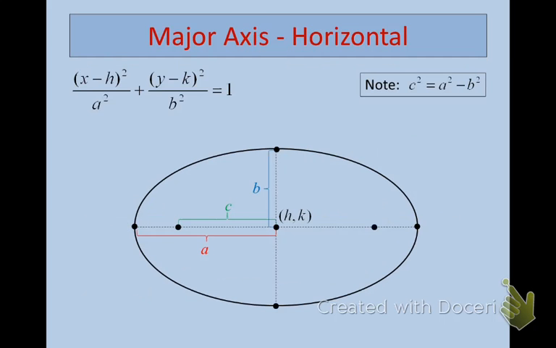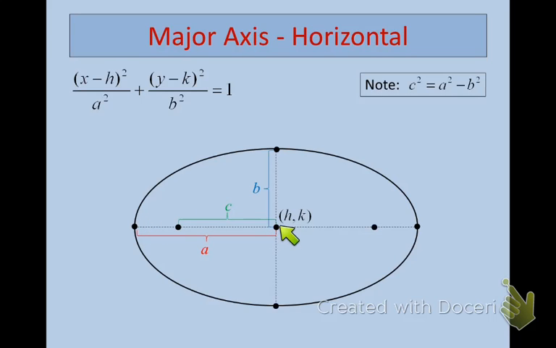Okay. So we have two different situations to consider. Like I said, you can either have a horizontal major axis or you can have a vertical major axis, right? So here's when you have a horizontal major axis. Some things to note. The distance of half of the major axis is always going to be considered to be A. So whatever your longest axis is, where your vertices and your foci fall on, half of that distance is going to be A, from the center out to a vertex.